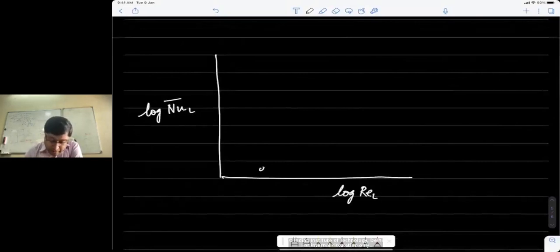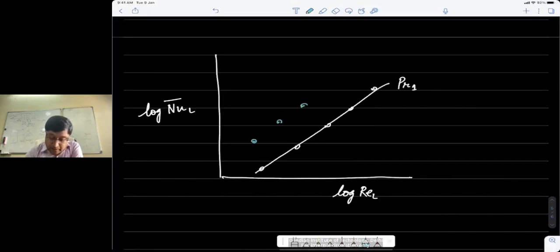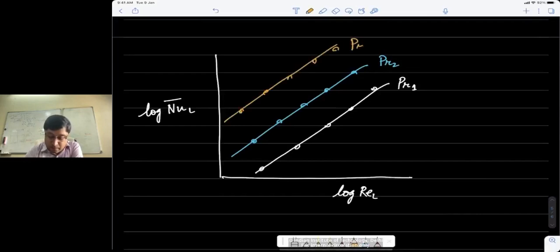So let's say for one Prandtl number, we have some data which comes out like that. Let's say this is Pr1. For a second Prandtl number, maybe you have some other data, which is Prandtl number 2. And maybe for a third one, there is some more data that we have, and you fit a curve through it.